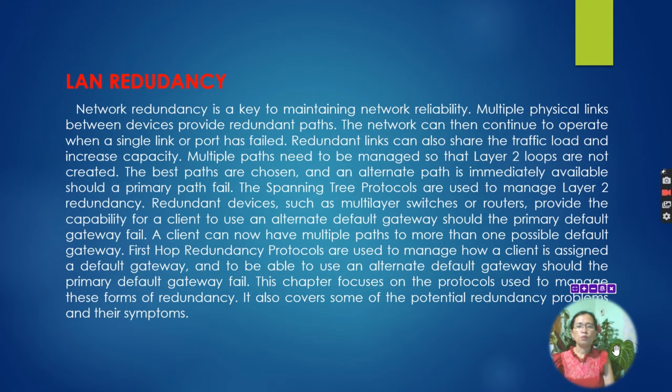First hop redundancy protocols are used to manage how a client is assigned a default gateway, to be able to use an alternate gateway should the primary default gateway fail. This chapter focuses on the protocols used to manage these forms of redundancy. It also covers some of the potential redundancy problems.